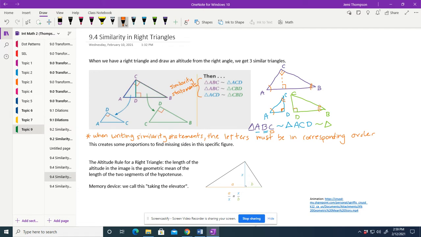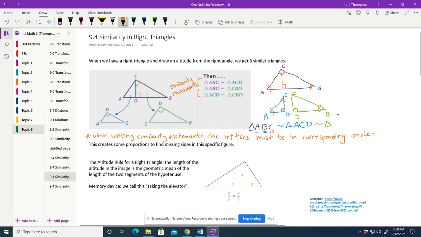I have my right angle D, which corresponds to my right angle C, which means that if I have two angles that are congruent in the purple triangle and two angles that are congruent in the green triangle, then the third angles must be congruent.